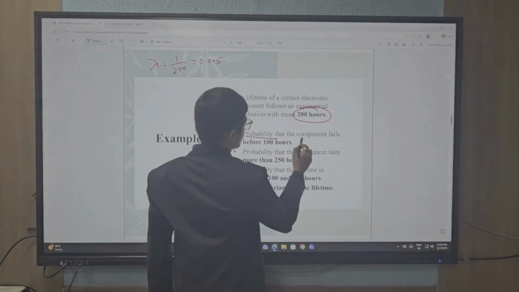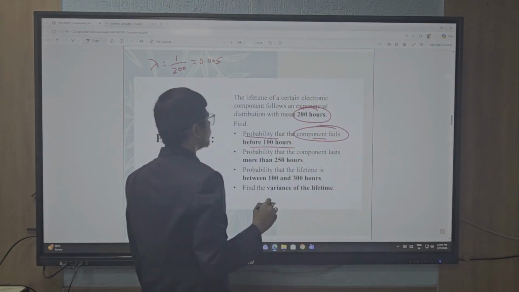Find the probability that the component fails before 100 hours.